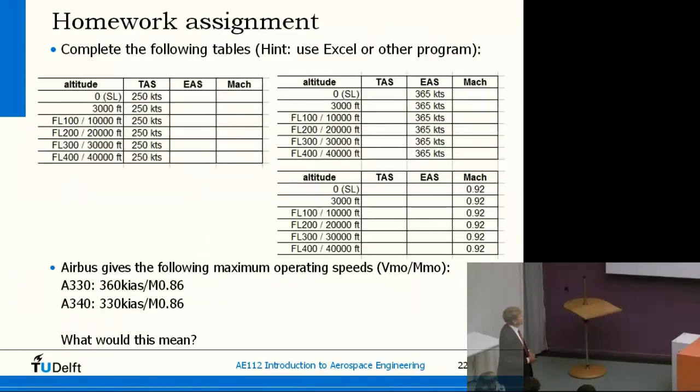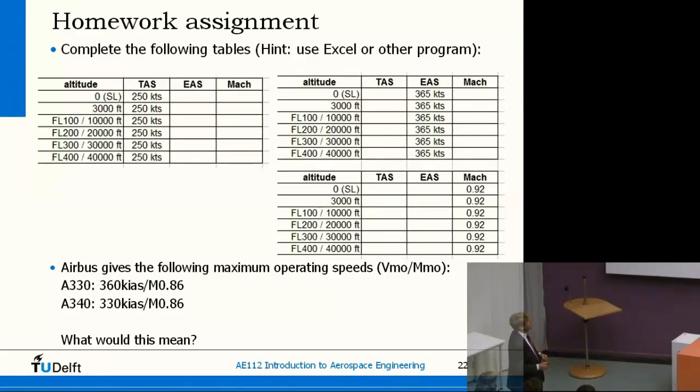Okay. So how do the different speeds vary? I'll put a slide on Blackboard after this lecture, but try for yourself, not just using Excel or a little computer program, program your calculator. Programmable calculators are allowed during the exam, as I said. If you just fill out the table, you can see what the same true airspeed means for the equivalent airspeed and Mach at different altitudes.